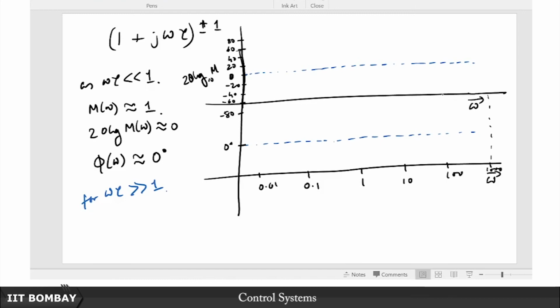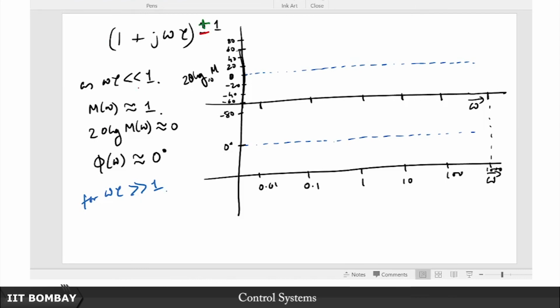Same points here, I am not rewriting them as I said earlier. So, what about the high frequency asymptotes? So, the plus 1, again let me denote by the same symbol. So, this plus is by the green and the minus is by the red, okay.